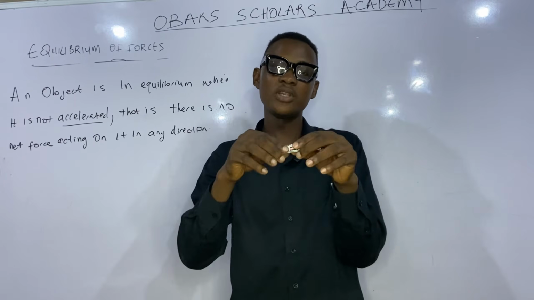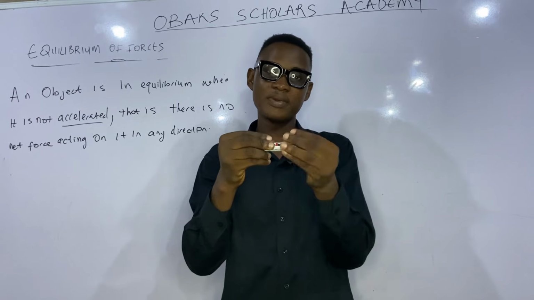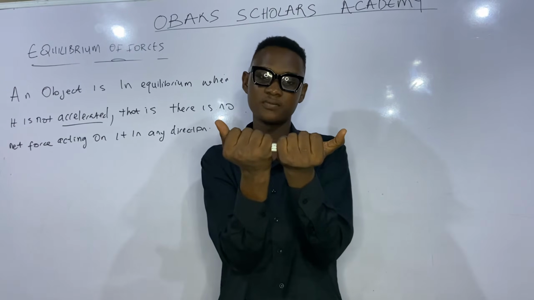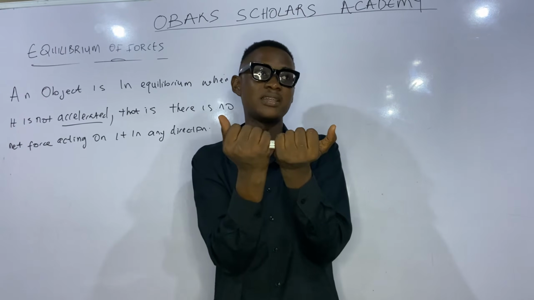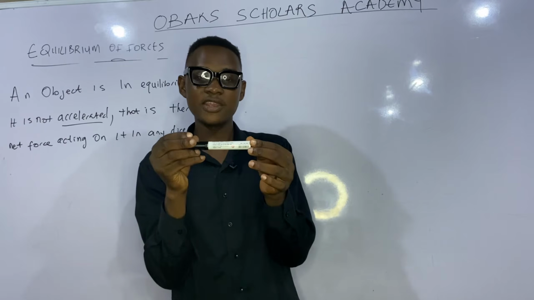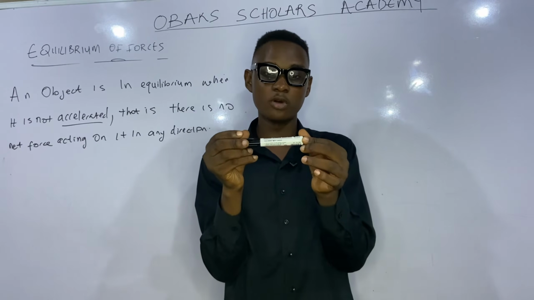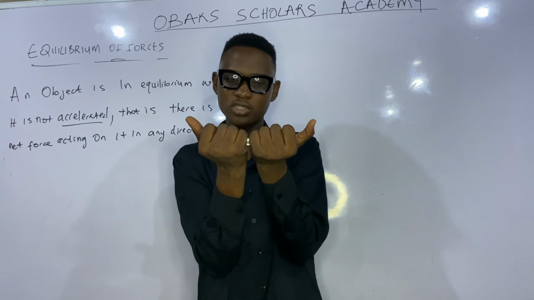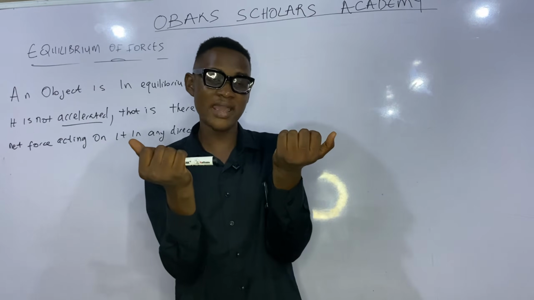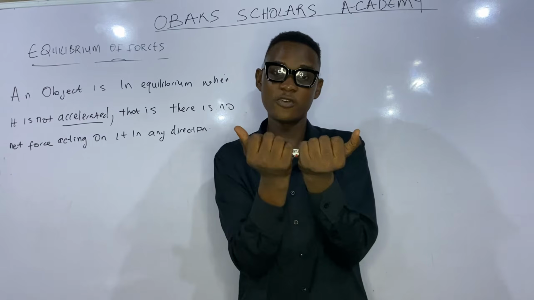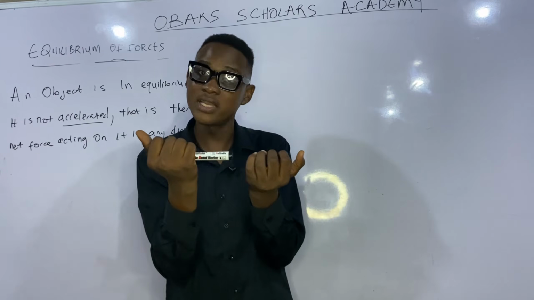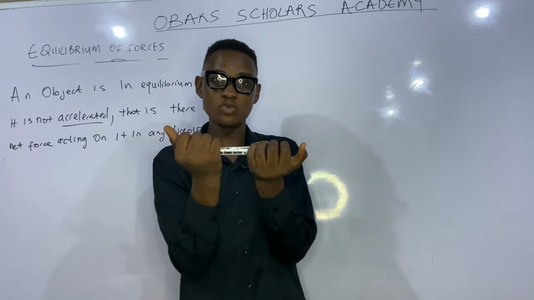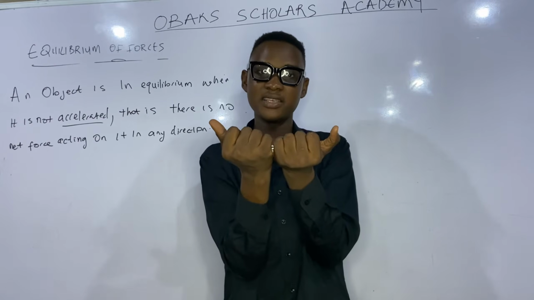If I'm pulling this marker with my two hands with the same amount of force, you can see that this marker is not moving, telling you that this marker is in equilibrium. Of course, there are forces acting on this marker, but the marker is not moving, because the force on my left hand is equal to the force on my right hand. So when you calculate the net force, it is 0.